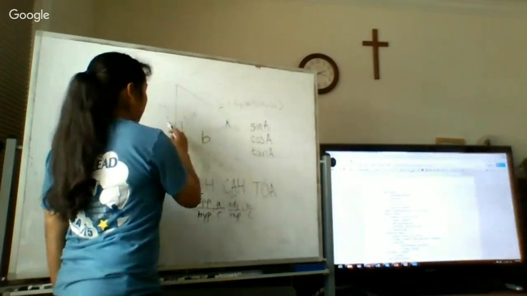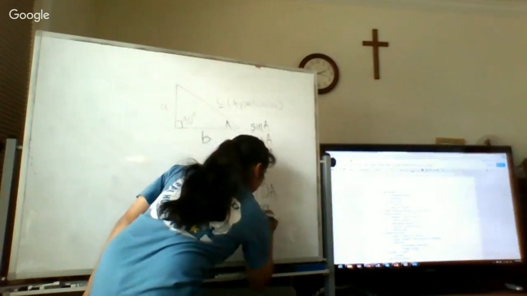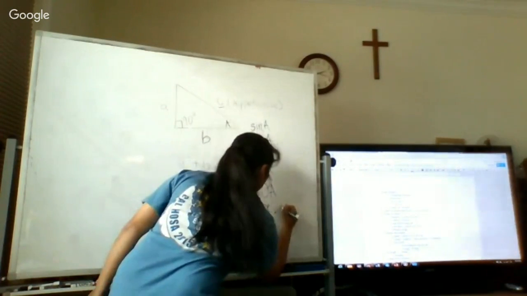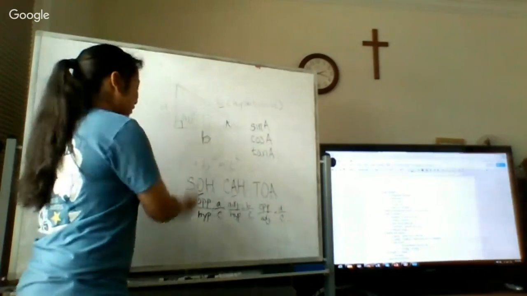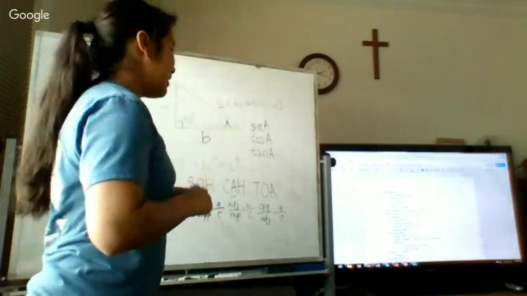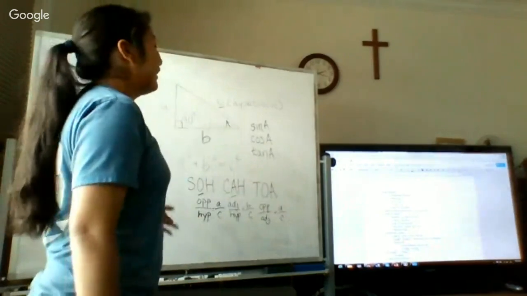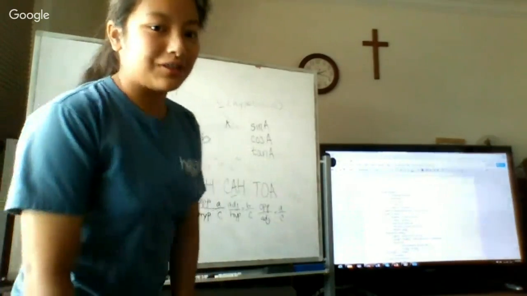This one is opposite over adjacent, which would be A over B. Okay. So these are our basic three functions that we're going to be using a lot in trig, and these are kind of what everything else is built off of. From here we can derive special rules that can help you guys solve equations and other things.